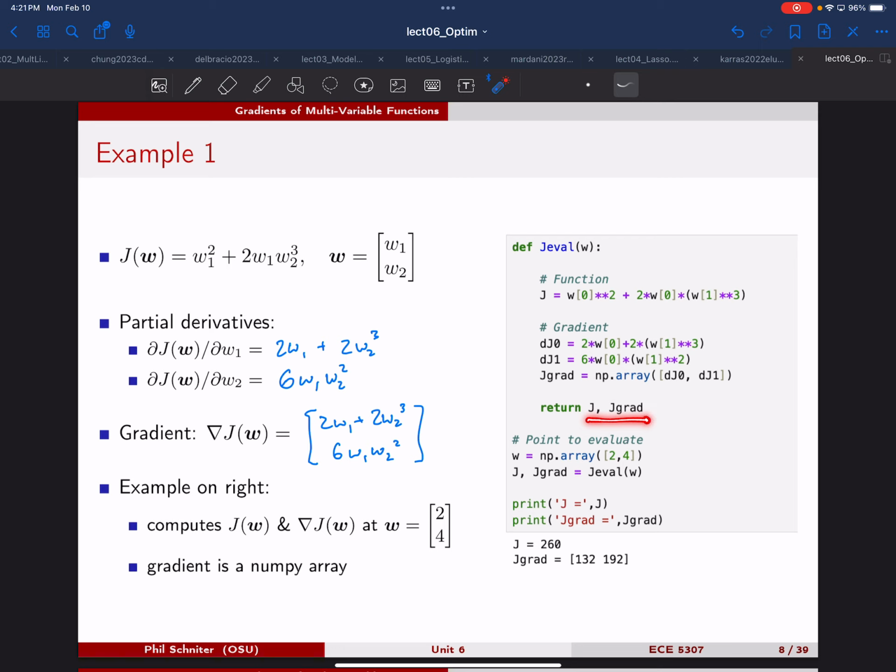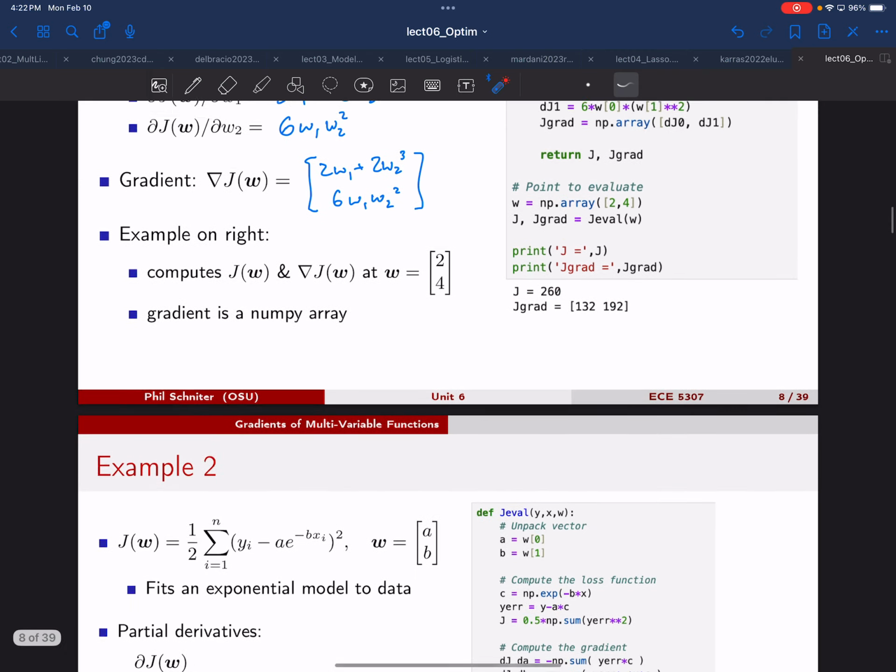It returns both the cost, J, as well as the gradient of the cost with respect to the parameters W. As you can see, it first computes the cost, then computes each term of the gradient exactly as we did here, and then just stacks them into a NumPy array. Later, to see this in action, we arbitrarily make a vector W with elements 2 and 4. We evaluate this, it returns J and the gradient, and we print them, and this is what we happen to get. At that location, the cost and the gradient are those quantities. And the gradient is also a NumPy array.